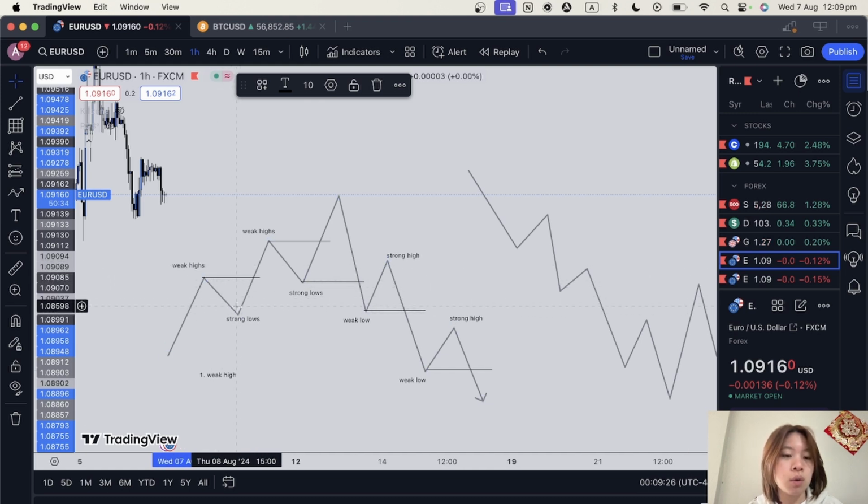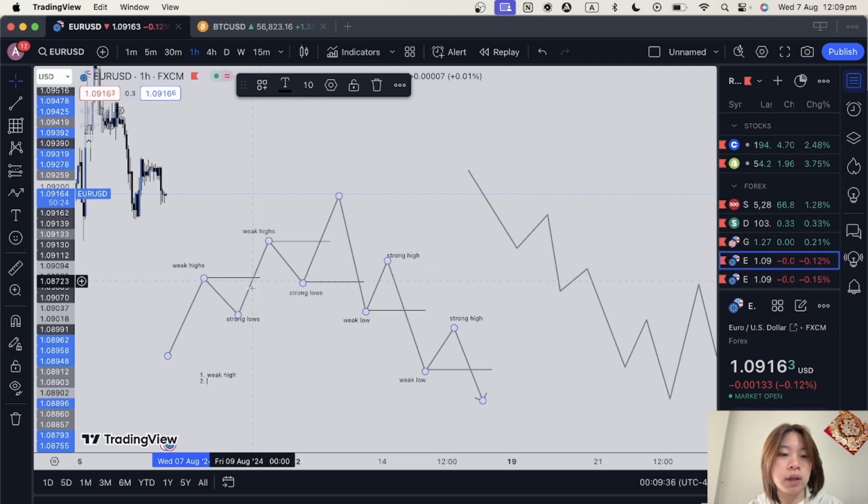Okay, so first of all, we have this weak high. Then we get a candle closing above that weak high. Assuming that the candle has closed above this high, this has become a break of structure, right? Because we just closed above a weak high. And now that we have closed above a weak high, this then becomes a strong low.